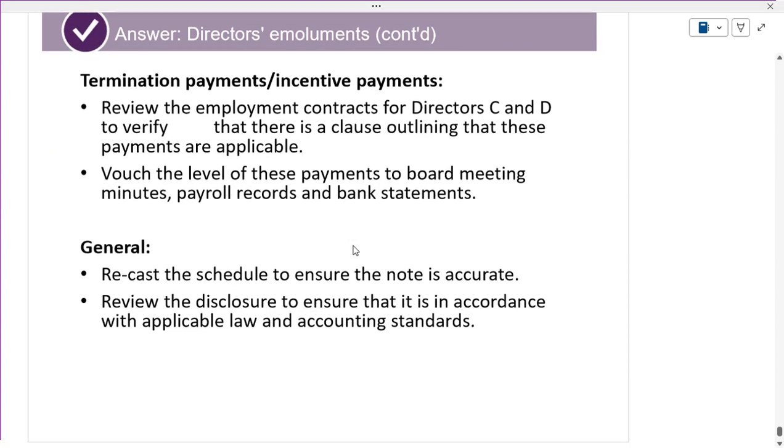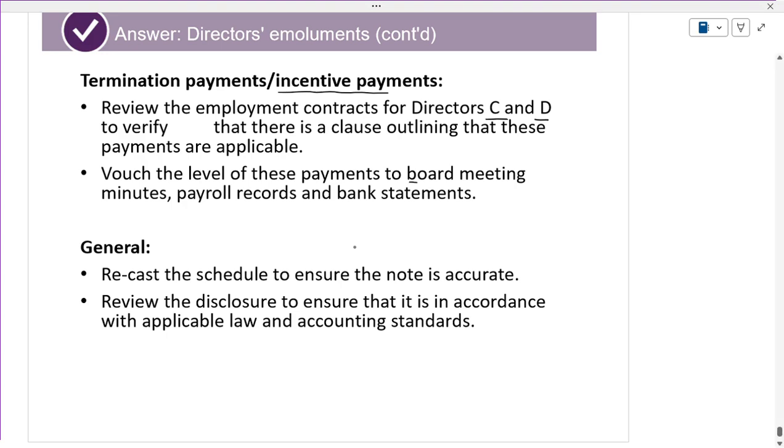Next, in terms of termination benefits, review the employment contracts for directors C and D to verify there is a clause outlining termination benefits and incentive payments. Is there any rule that you have to pay incentive or termination benefits? What is the level of these payments?